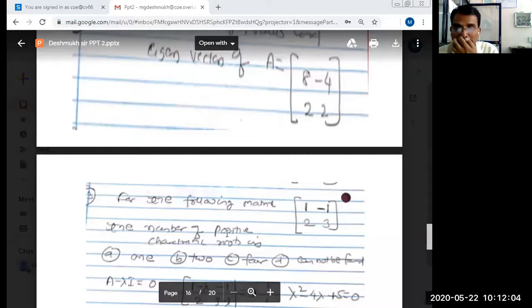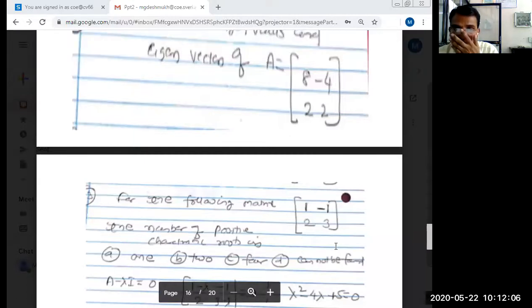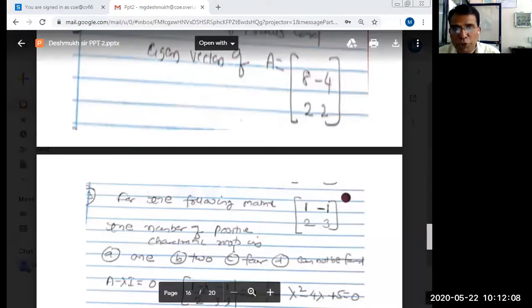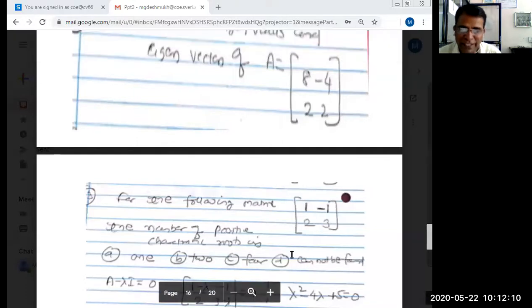Characteristic root is nothing but again eigenvalue. Characteristic root is again nothing but eigenvalue only. For the following matrix 1 minus 1, 2, 3, the number of positive characteristic roots is.